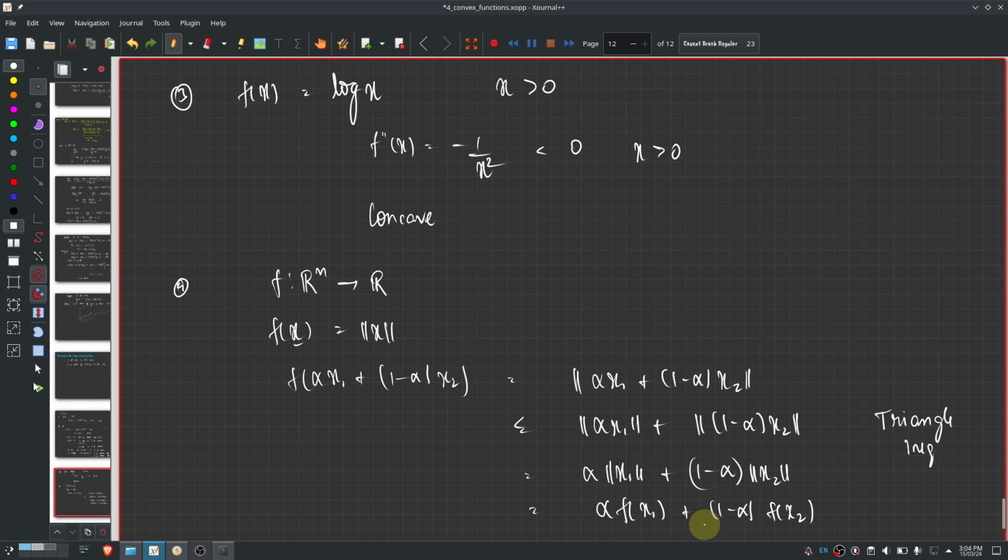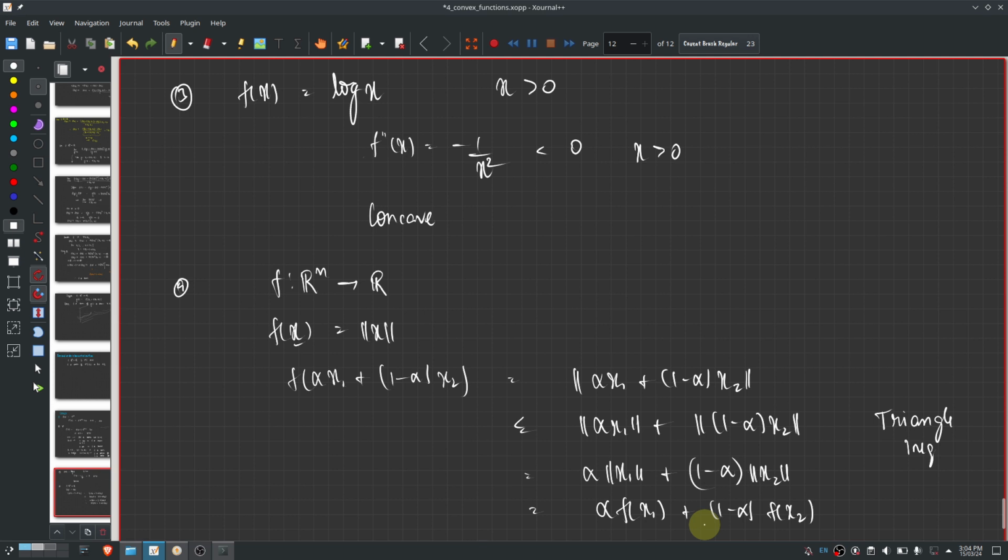So what would be the second derivative test for functions on Rn? You have to look at the Hessian, right? That's why that would be more complicated.